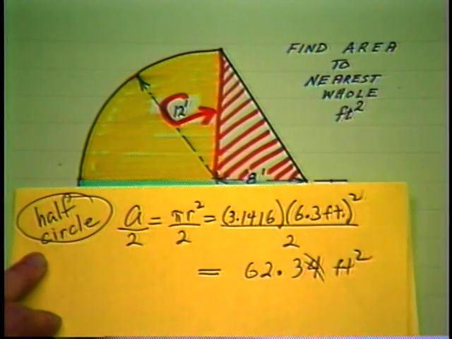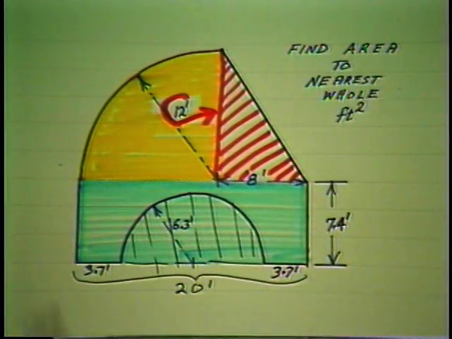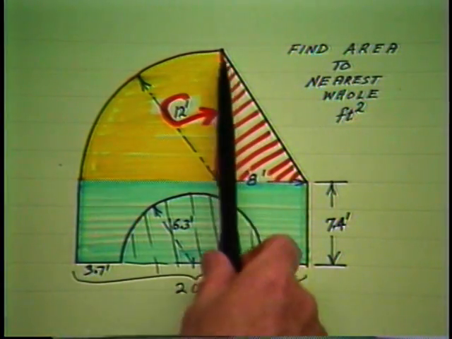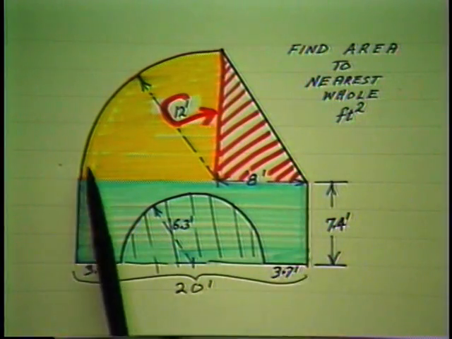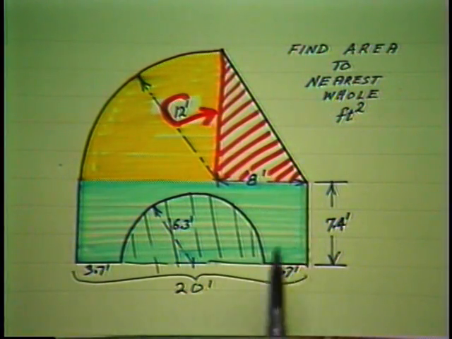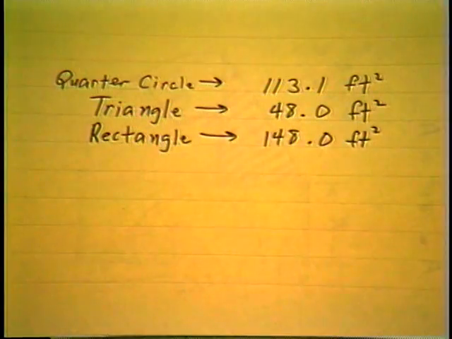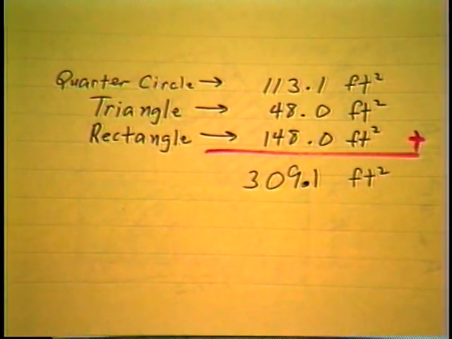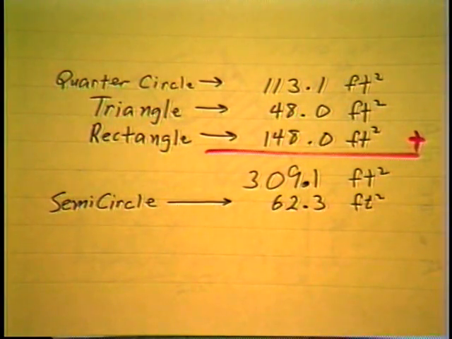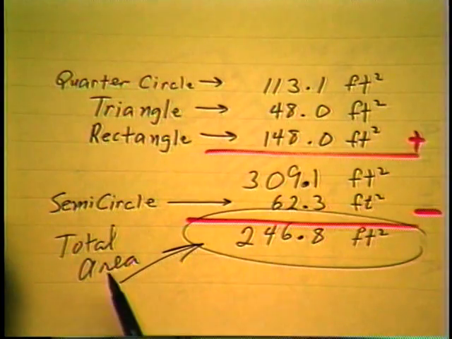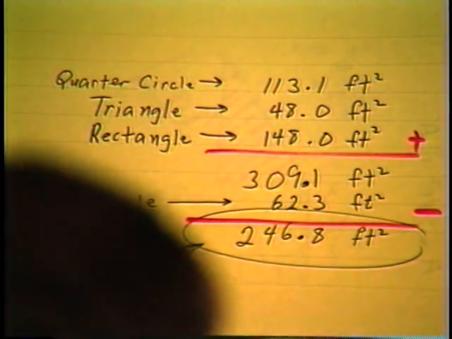So now we have all 4 of my sub-areas, quarter circle, triangle, and rectangle, which I'll add. Then I will subtract the area of the semicircle. There, the area of my top quarter circle, the triangle, and the rectangle added gives me their sum. Now taking that lower half circle and subtracting, we get our final total area.